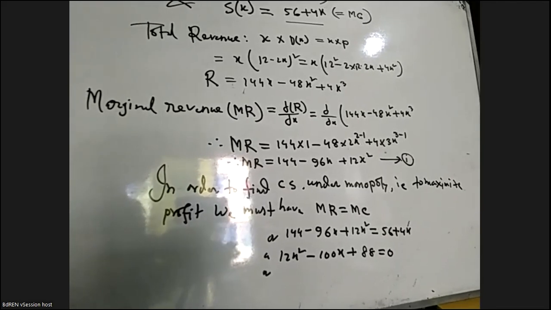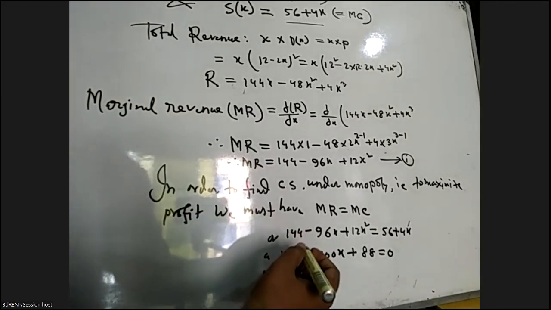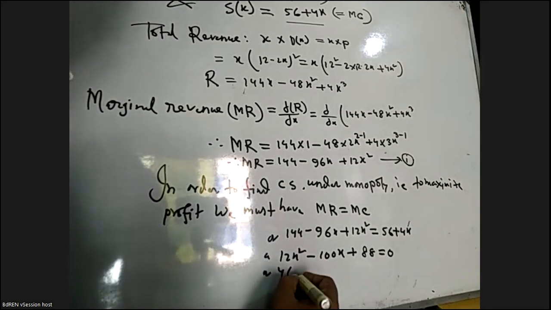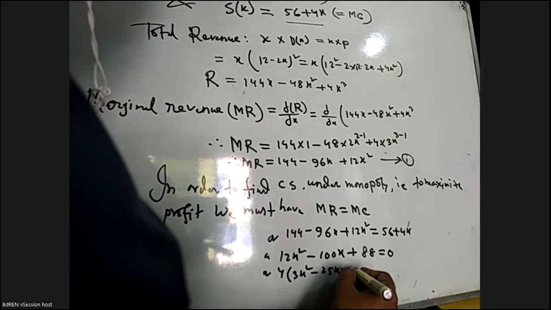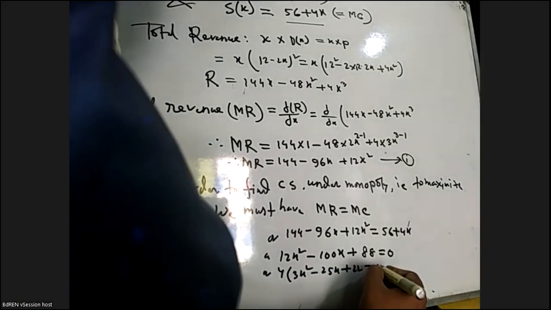So 4 common, 3x square minus 25x plus 22 equals to 0.